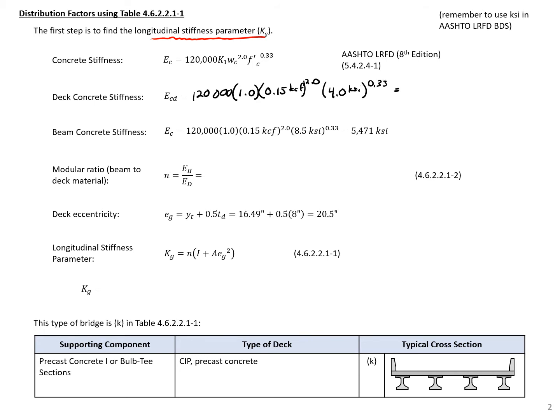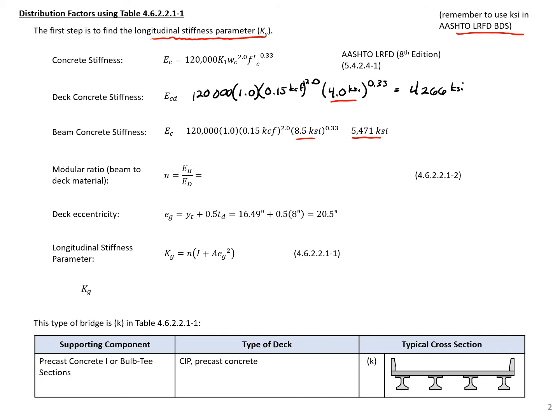So we'll get this to be 4,266 KSI. So just remember that in the AASHTO LRFD bridge design specification, we use KSI. So we can do the same thing for our beam concrete stiffness with a strength of 8.5 KSI, and we'll find our beam concrete stiffness there.